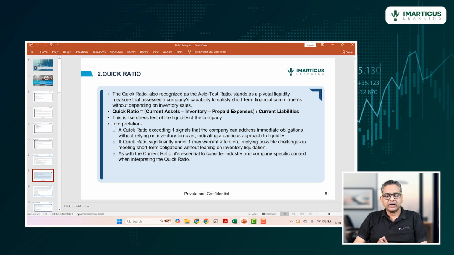In the current ratio, in the numerator, we were using current assets. But here in the quick ratio, we are deducting inventory and prepaid expenses from the current assets.